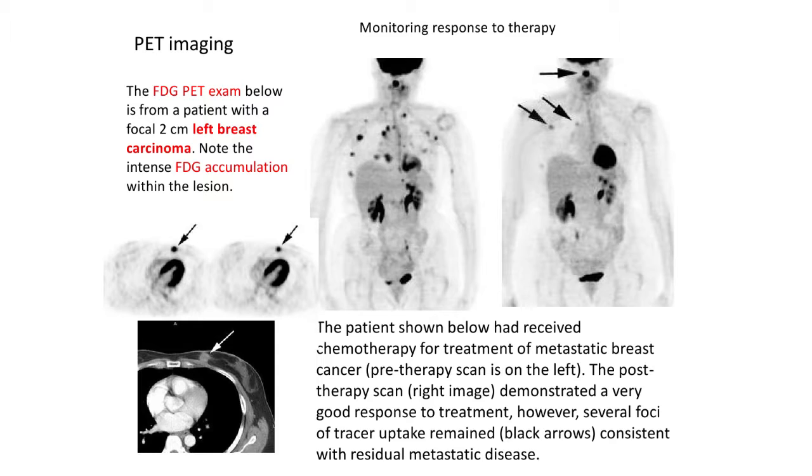So PET, FDG, this is the radioisotope glucose, can be used to monitor the abnormal tissue. The tissue absorbs glucose as the major fuel to metabolize, to generate ATP for energy.